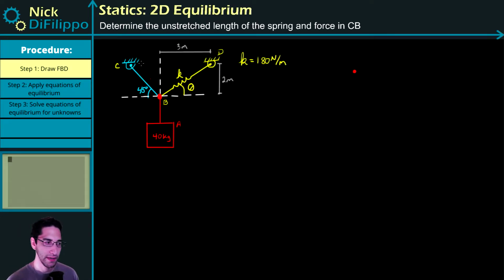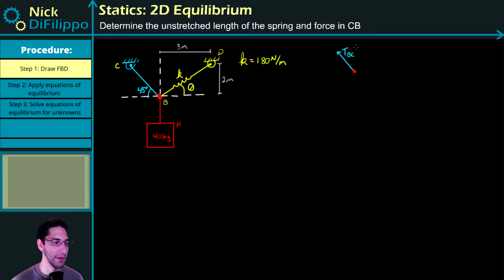This string is in tension. Strings can only support tension, so we're going to draw a force that goes away from the point we're looking at, which is B. Right now, let's call this the tension of BC.